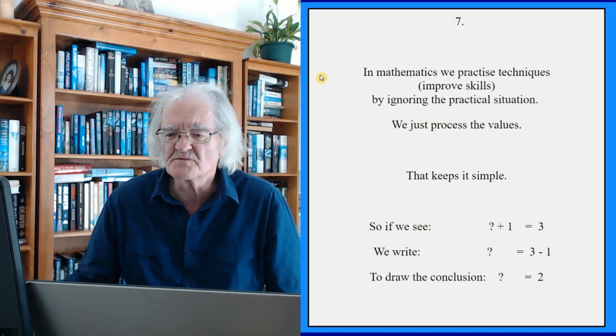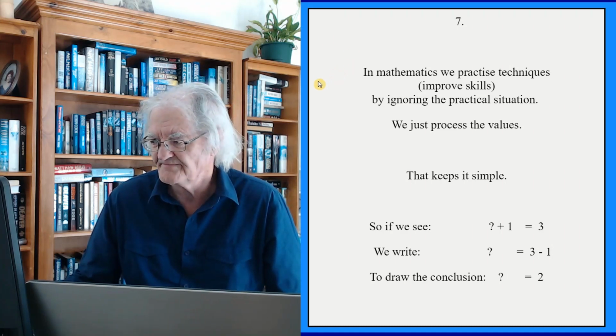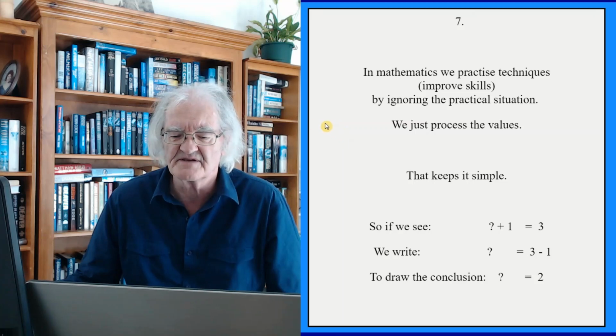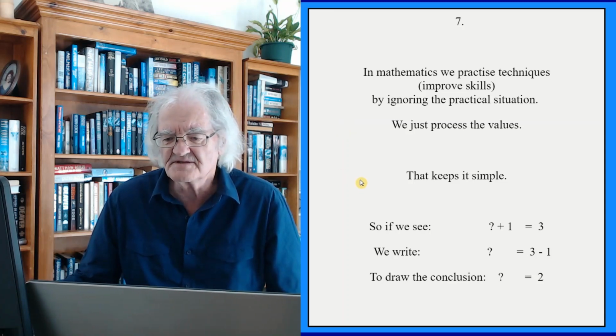In mathematics, we practice techniques in order to improve skills by ignoring practical situations. We just process the values that we would obtain in a practical situation. That keeps it simple. So if we see a missing value plus 1 gives 3, we write the missing value must be 3 minus 1.